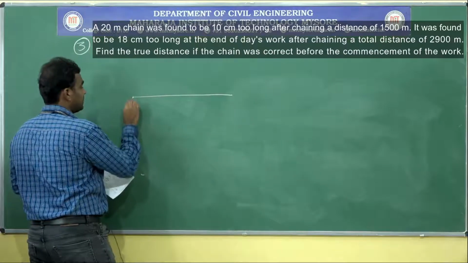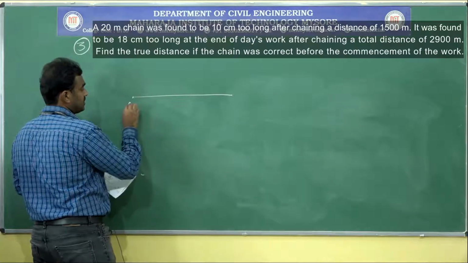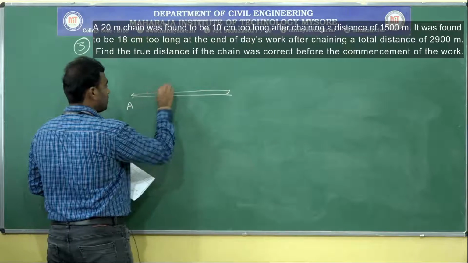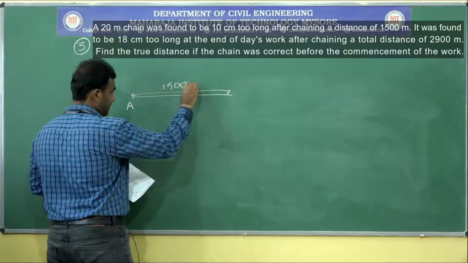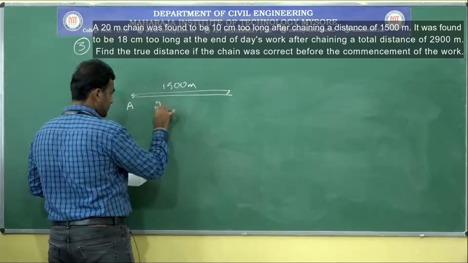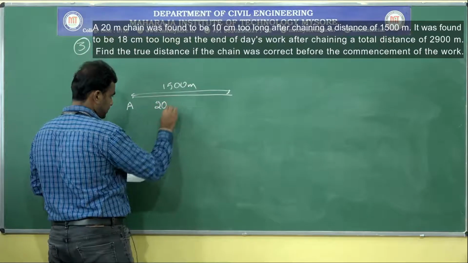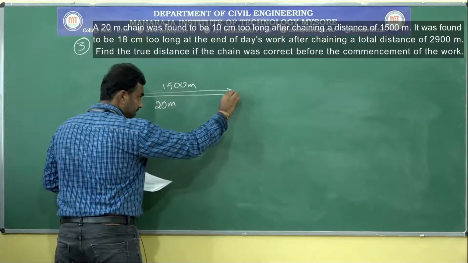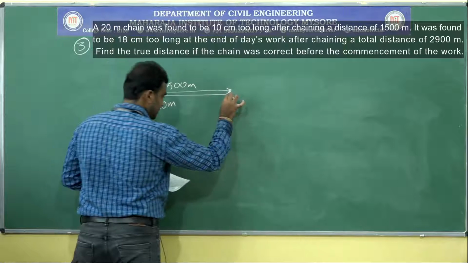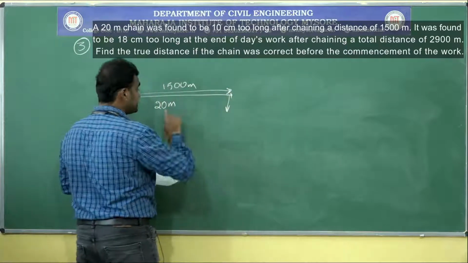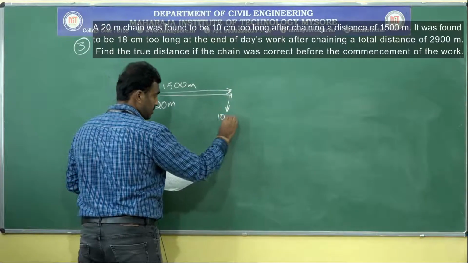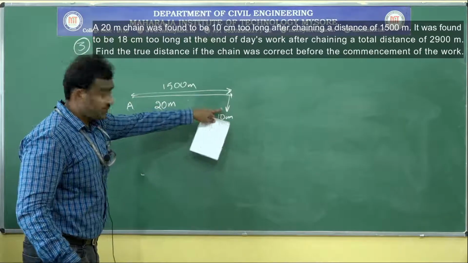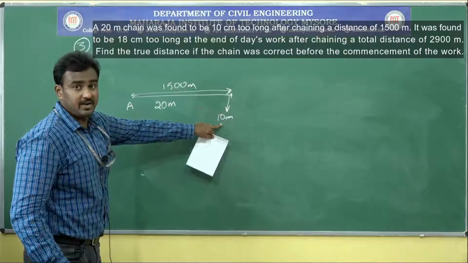So somewhere here the survey station is, and they have measured a distance of 1500 meter, using the chain length of 20 meter, and after measuring this distance, it is found that the chain is 10 centimeter too long.